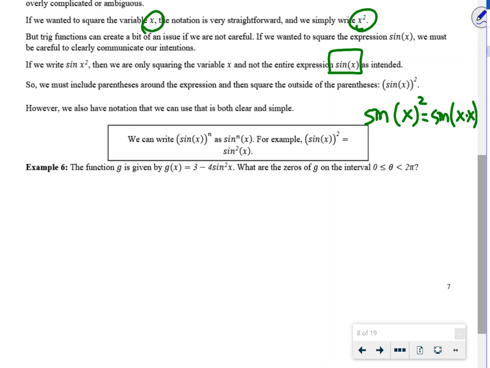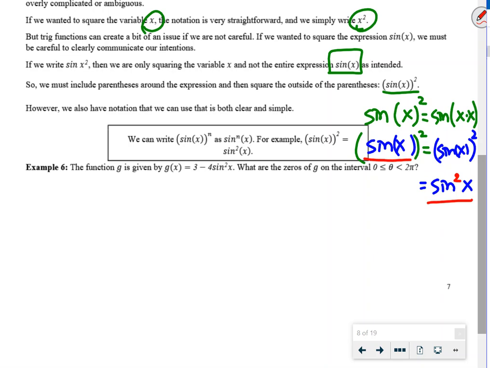So when you actually square the sine, I'm talking about sine x quantity squared, then you may want to put it like this, which is sine of x quantity squared, or you may put a square in between sine and x. This represents sine x quantity squared.